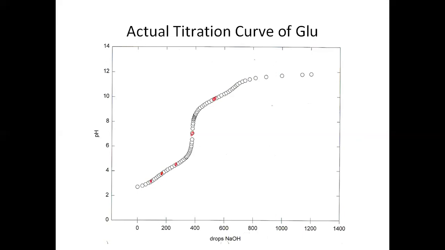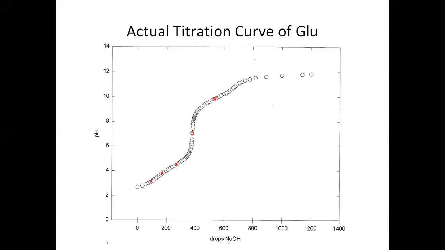Recall that we calculated that we should have a pI value of 3.22, and the second red dot from the left approximates, but looks a little bit higher than 3.22. We also calculated a value of 6.96. This is approximately our horizontal inflection point.